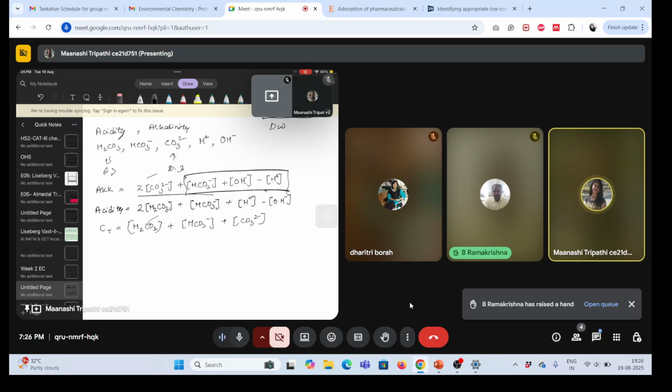So if we add both the things, what we will get? Ct is equal to alkalinity plus acidity divided by 2.